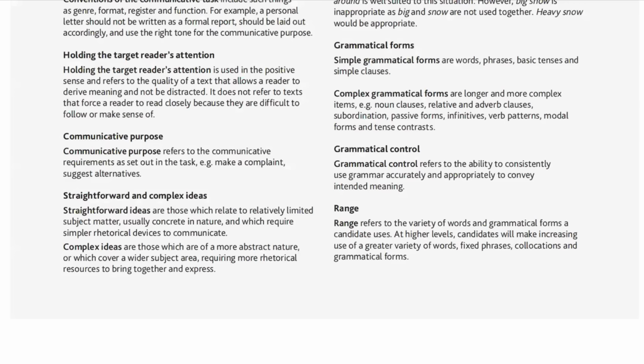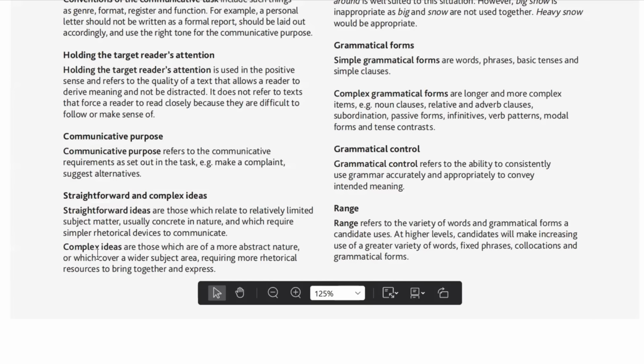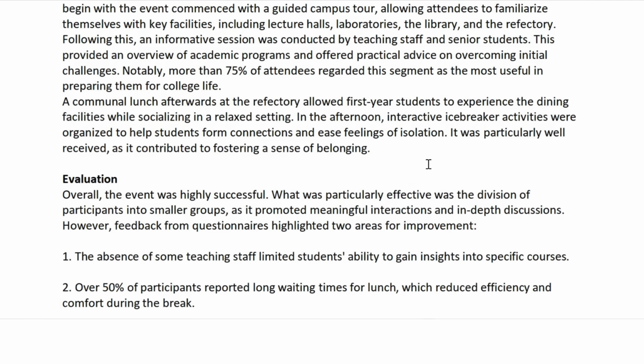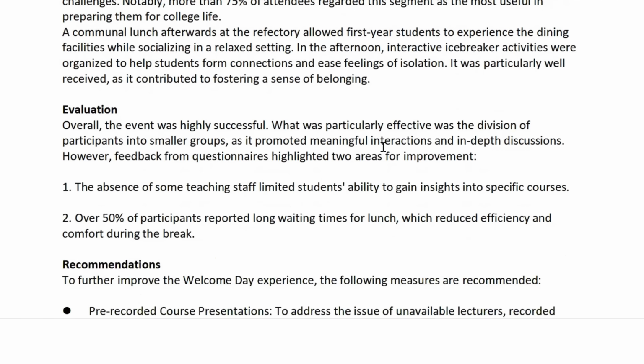And the other element was the complex ideas. Complex ideas are those which are more abstract in nature, which cover a wider subject area requiring more rhetorical resources to bring together and to express. So have we provided information about those? Well, we have provided information about the complex ideas. When we talk about evaluation, we go into detail here, which we've developed, about the problems that some of the attendees had on the day.